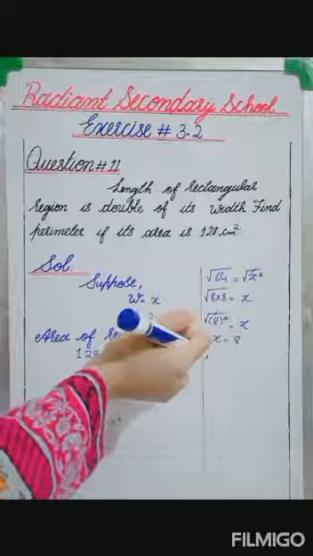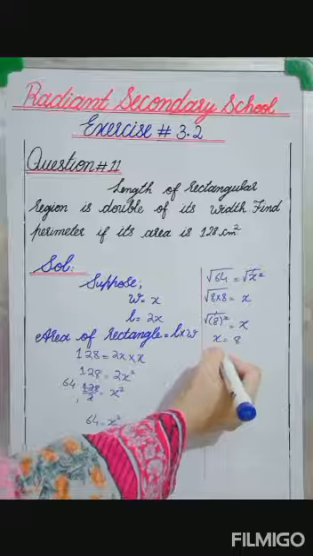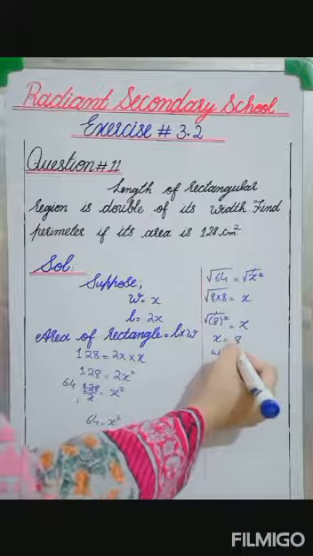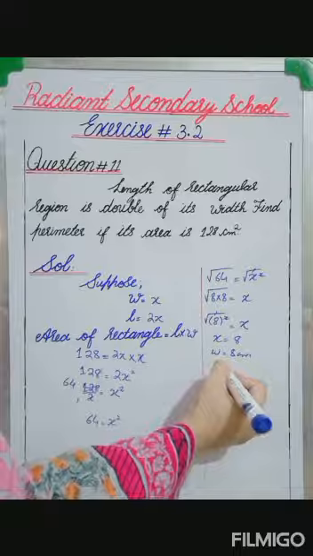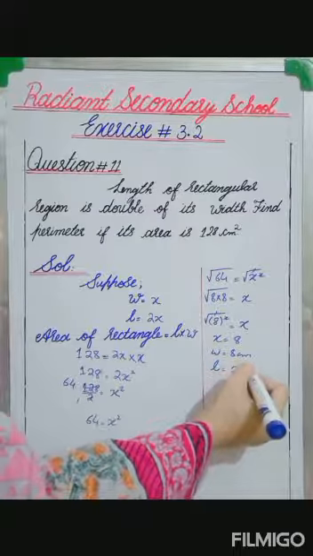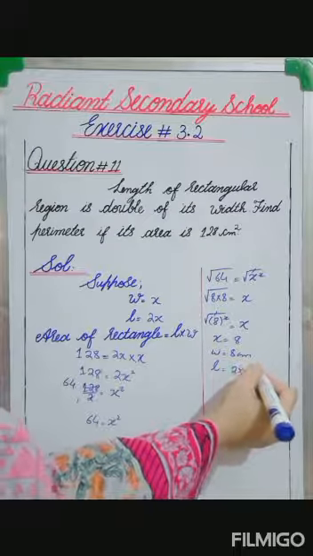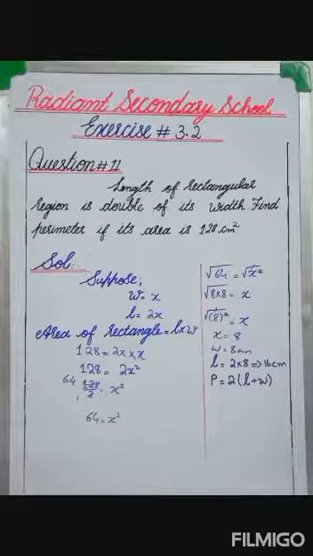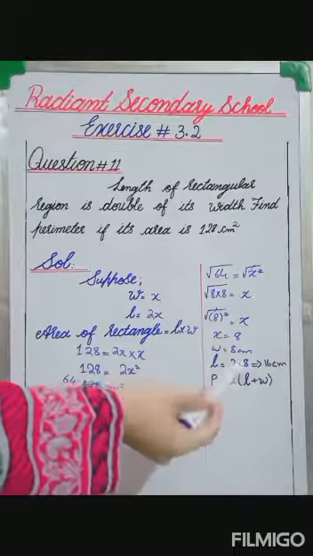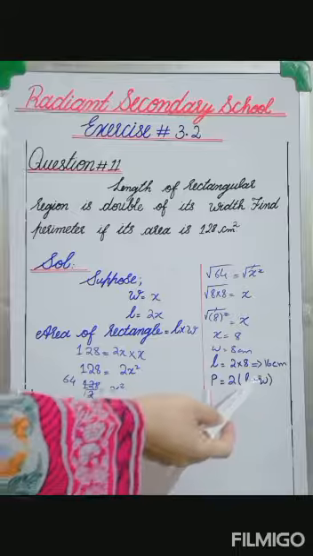So the width of the rectangular region is 8 cm and the length is 2 multiply 8, then we get 16 cm.